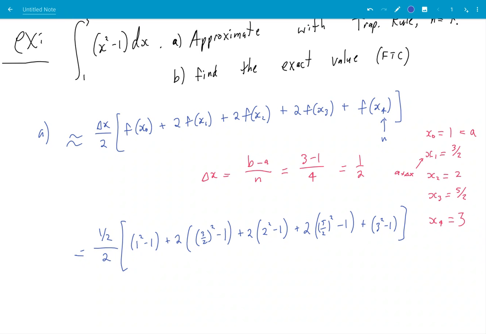Let me just double check I got that right. Okay, looks good. So I do that, and I use my calculator, and you should get 6.75.